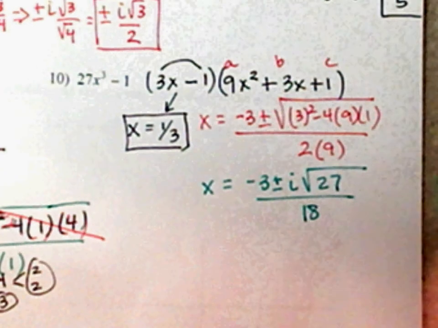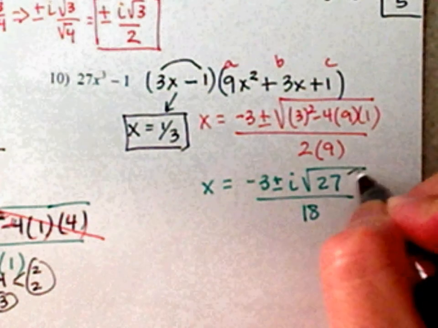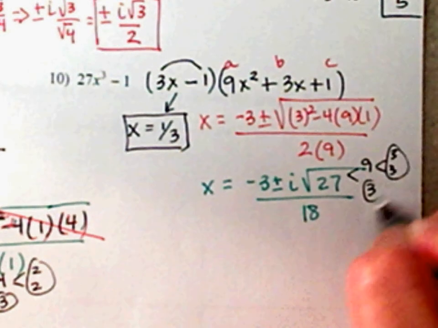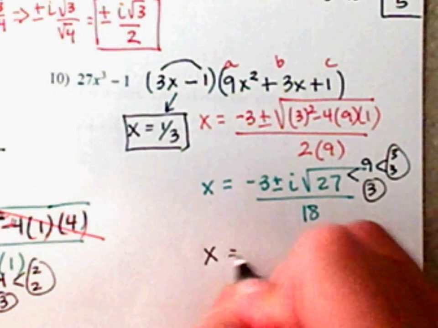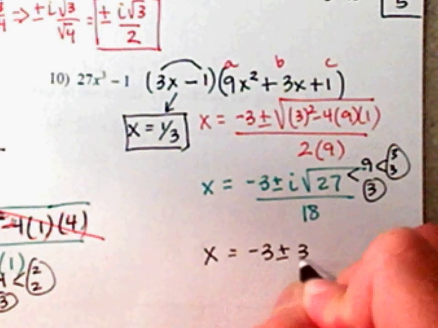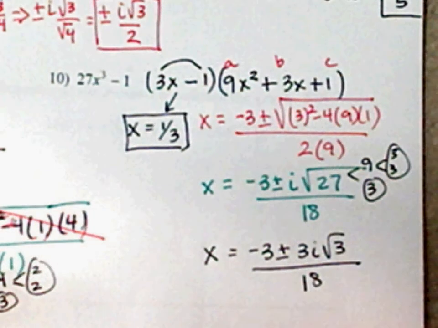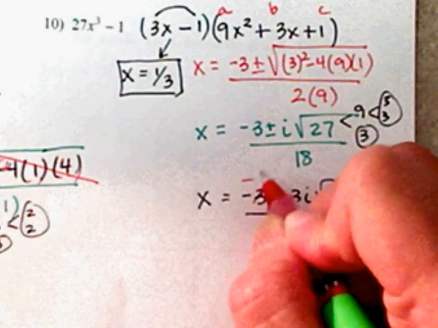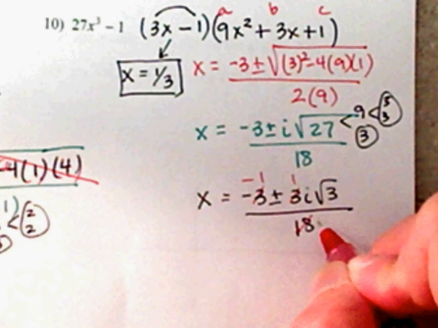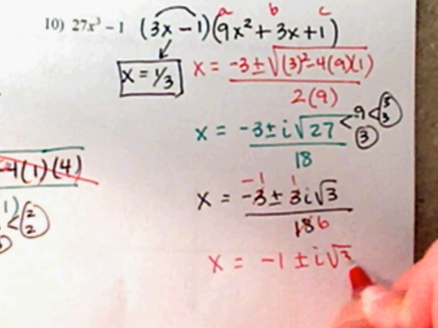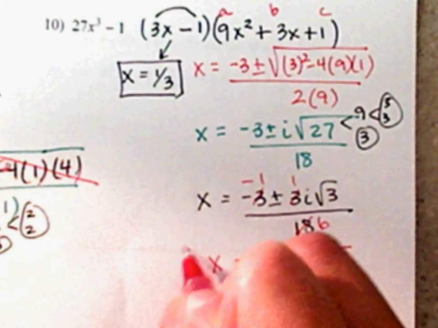Factors of 27, 9 and 3. 3 and 3. 2 of a kind, 1 left over. x is equal to negative 3 plus or minus 3i square root of 3 over 18. 3 goes into all of them, so I'm going to divide each one of these by 3. So x is equal to negative 1 plus or minus i square root of 3 over 6. There you go. Good luck, guys.